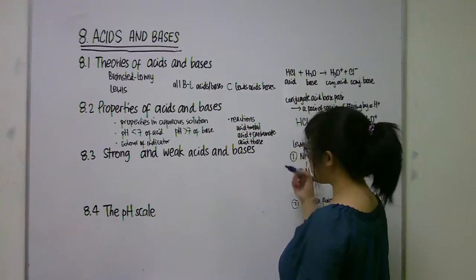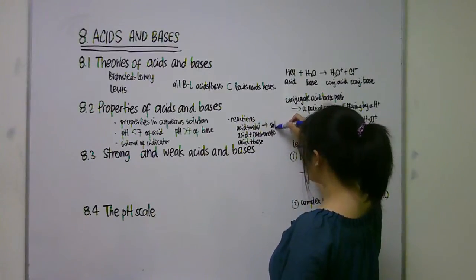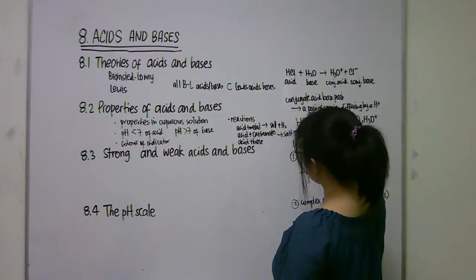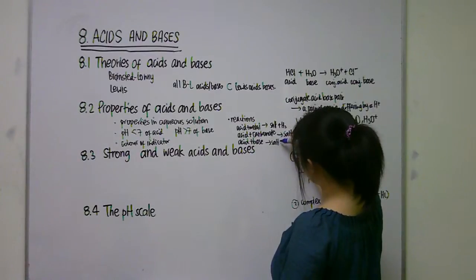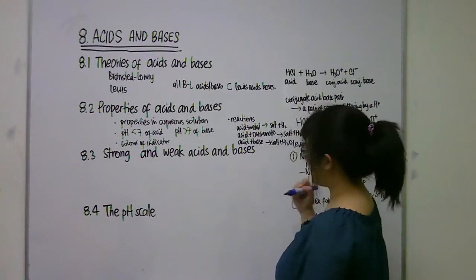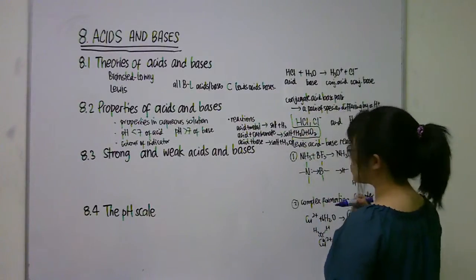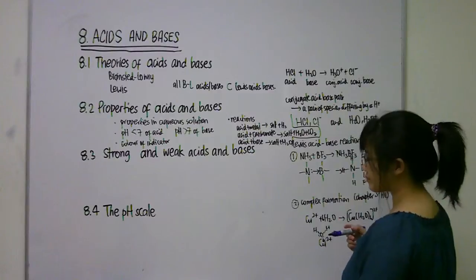Okay, they should know the products: salt and hydrogen; salt, water and carbon dioxide; salt and water. Okay, so that's all about the properties of acids and bases.